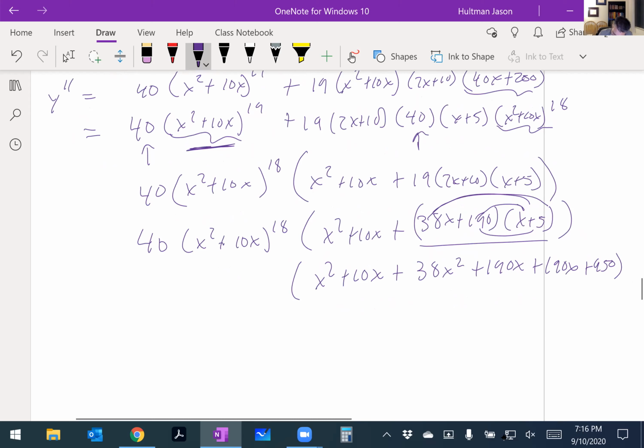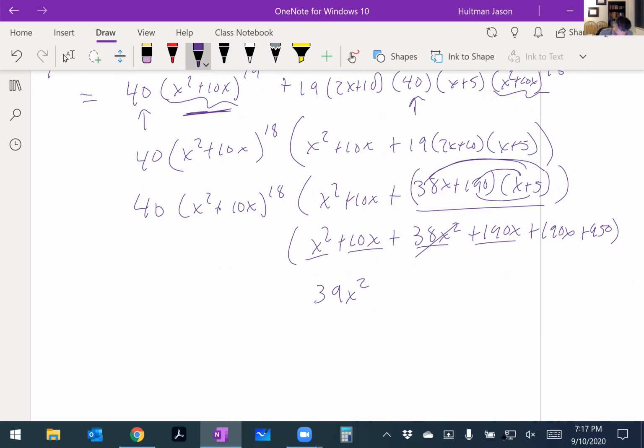So x squared plus 38x squared, 39x squared. 10x plus 190x, that's 380, 390. So that's 390x, plus 950 times x squared plus 10x to the 18th power times 40 is equal to y double prime.